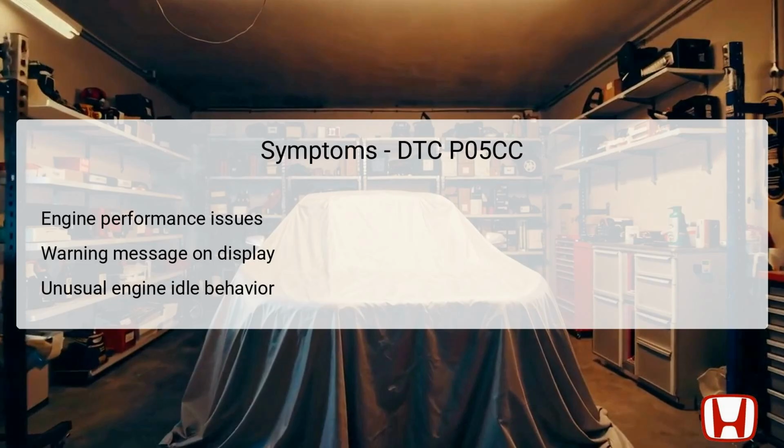Additionally, the vehicle may display a warning message on the dashboard indicating a VTC system error. Furthermore, abnormal engine idling, characterized by rough or inconsistent RPM fluctuations, could also highlight that the intake camshaft's timing is compromised. Identifying these symptoms early can help prevent further engine damage and enhance the troubleshooting efficiency.